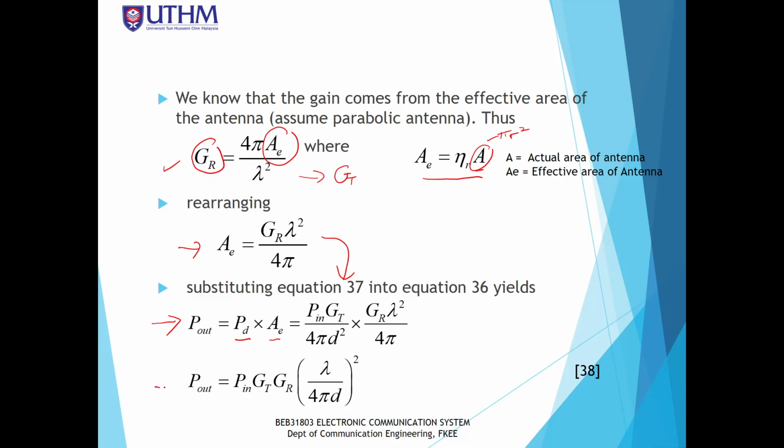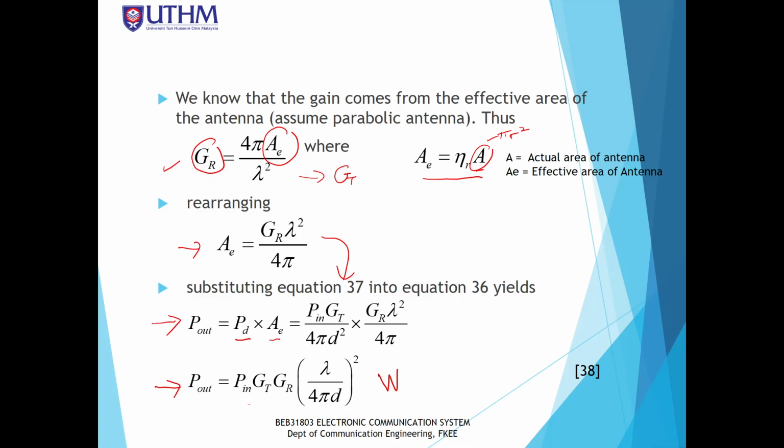Therefore, after we rearrange the equation, we're going to get P out equals P in multiplied with GT multiplied with GR multiplied with (lambda over 4 pi d) squared. Here the unit is in terms of watt. Okay, and then what?